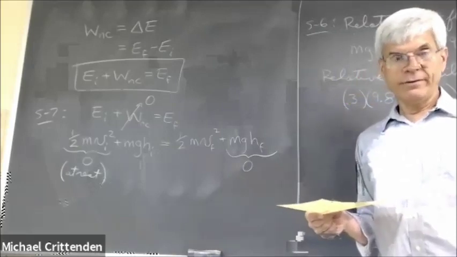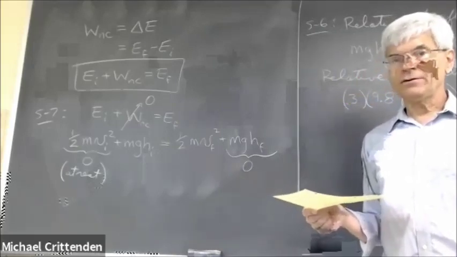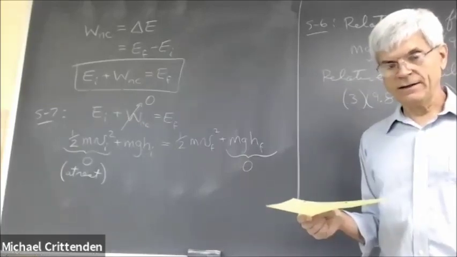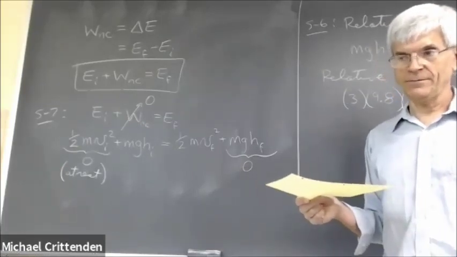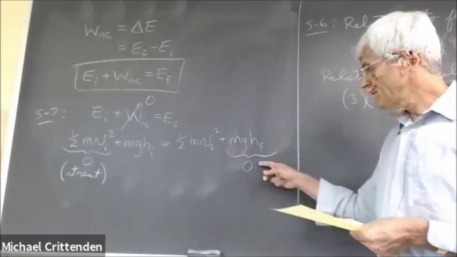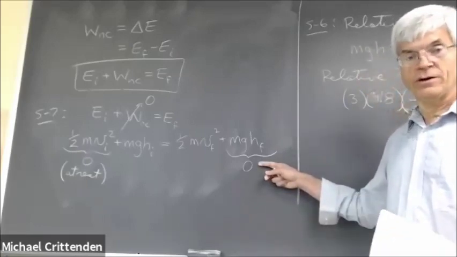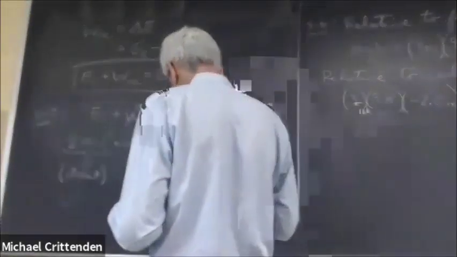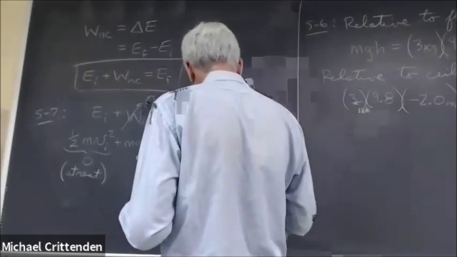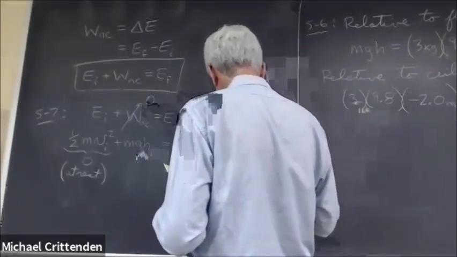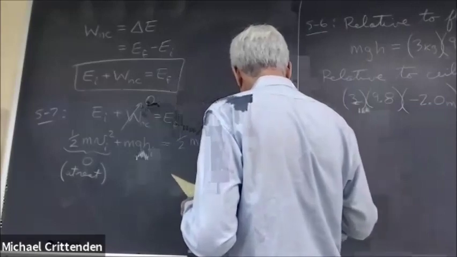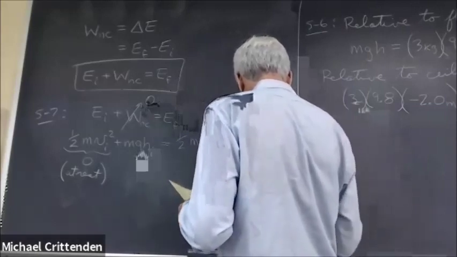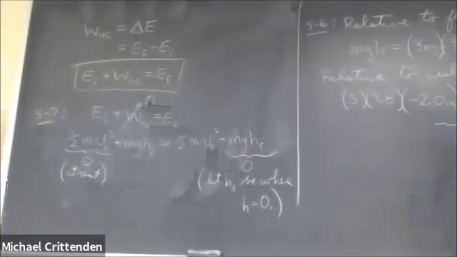But why would you want to do that? It's always easier to drag fewer numbers around than it is to drag more numbers around. So the sensible thing to do is to say that h final is where you're going to measure the heights from and make this term equal to 0. Let h final be where h equals 0. That wipes that out.